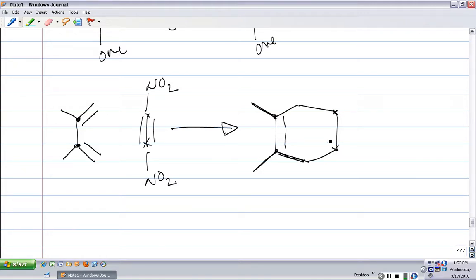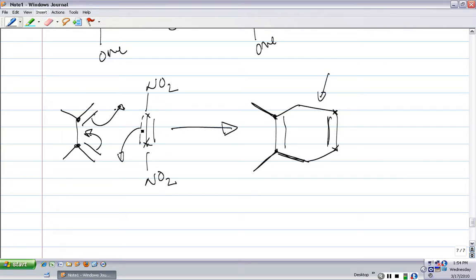If you look at the way we draw the reaction mechanism, one of the pi bonds in my dienophile is involved in the chemistry. The other one is not. So that pi bond is not involved in chemistry, so it remains. I used this pi bond to form this sigma bond.